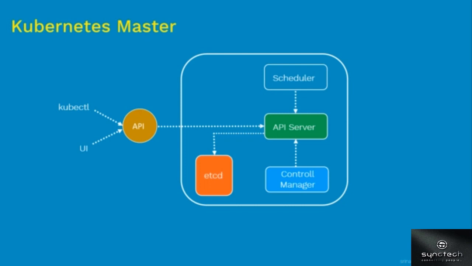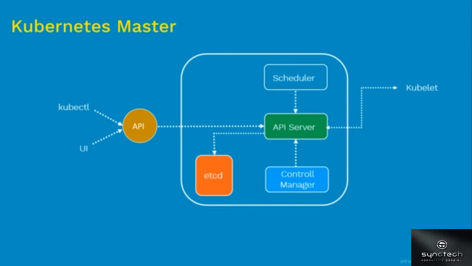Any component of Kubernetes can query etcd to understand the state of the cluster. So this is going to be the single source of truth for all the nodes, all the components, and the masters that are forming the Kubernetes cluster. So these are the 4 important components of the Kubernetes master, which include API server, scheduler, controller, and etcd.